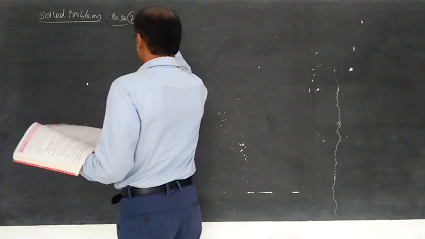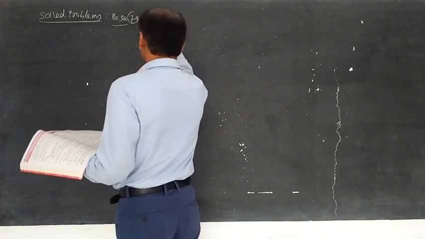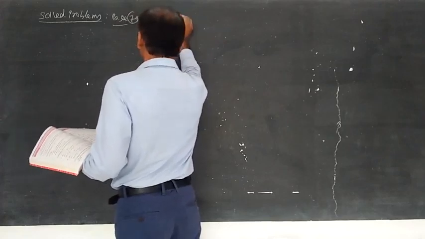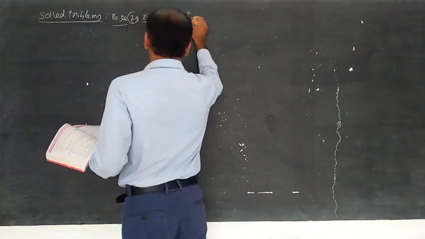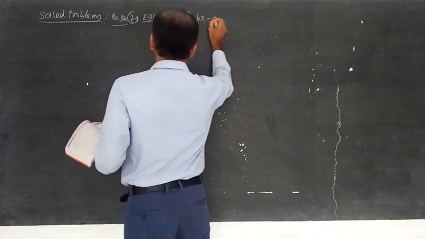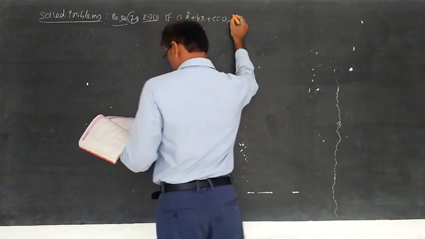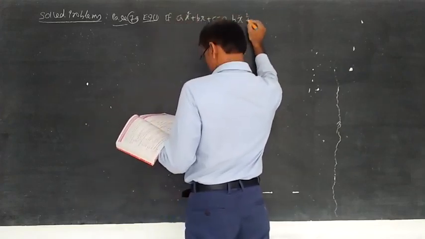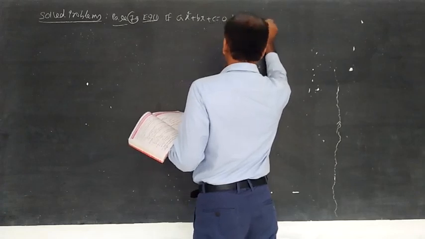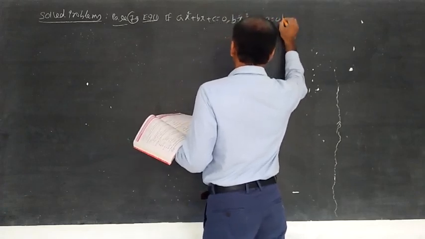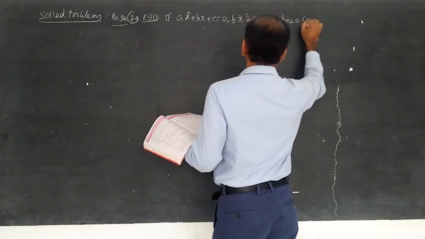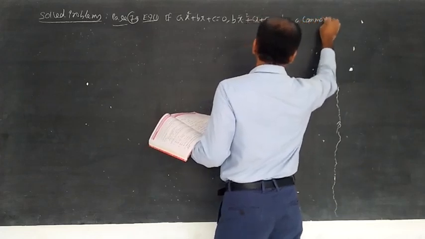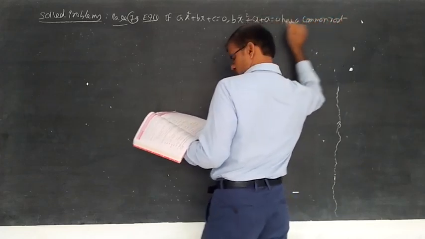Suppose the two quadratic equations ax square plus bx plus c equal to 0, and bx square plus cx plus a equal to 0, have a common root.